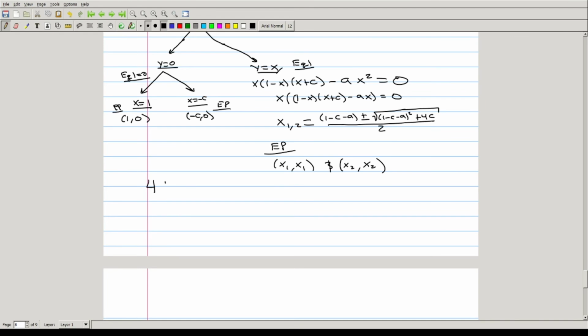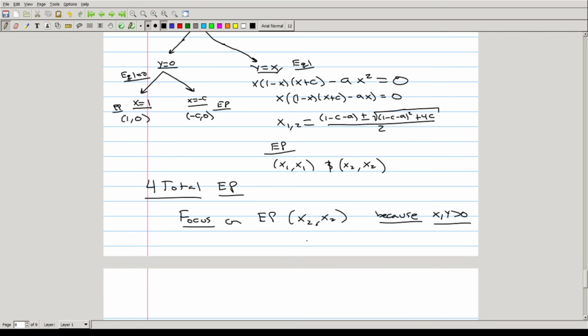So we have 4 total equilibrium points, each one of which can be classified, but we're going to focus on the equilibrium point x2, x2, because this is the equilibrium point that we're interested in the predator-prey model, where the populations are both positive.